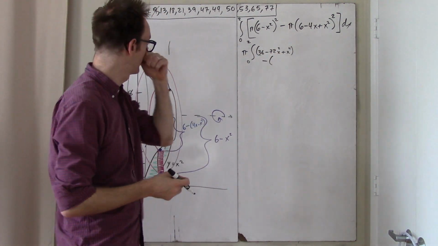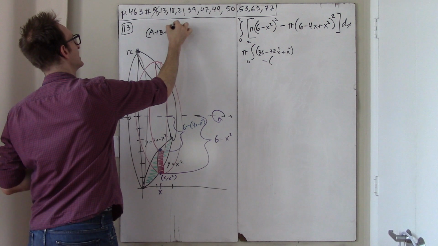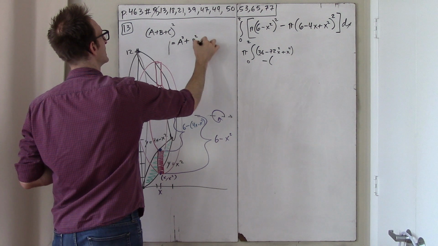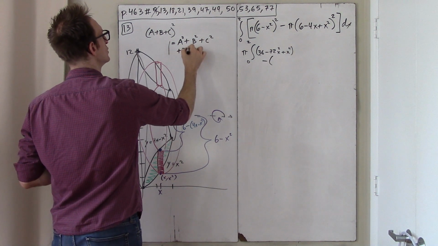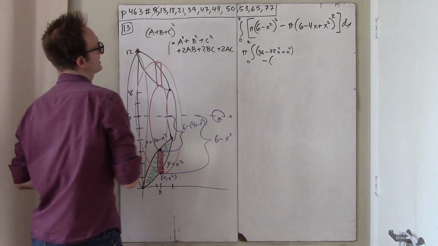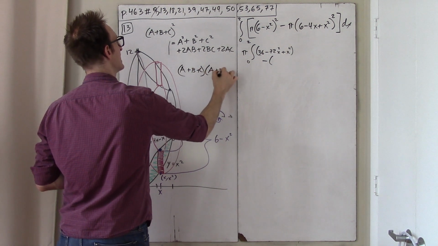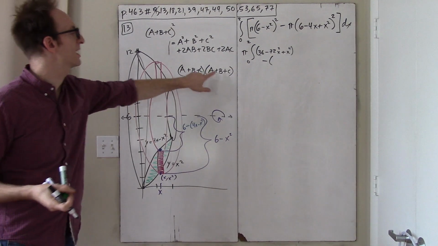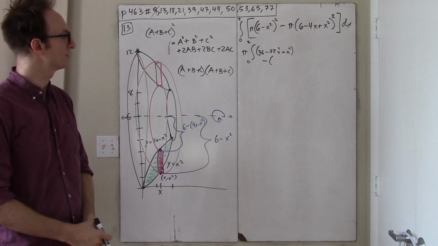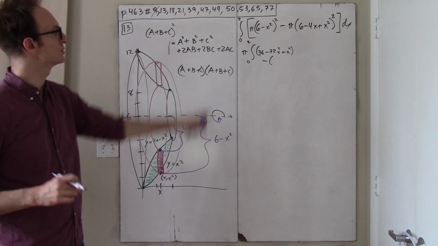So I just happen to know from life that if you square a trinomial, what you get is a squared plus b squared plus c squared plus 2ab plus 2bc plus 2ac. Is that even true? Wait, give me a second. I'm suddenly doubting myself. Yeah, that just has to be true, right? Because you get a squared, then you get ab, then you get ac, but then you get ab again, and then you get b squared. So in general you'll have 9 terms, but that reduces down to 6 terms.